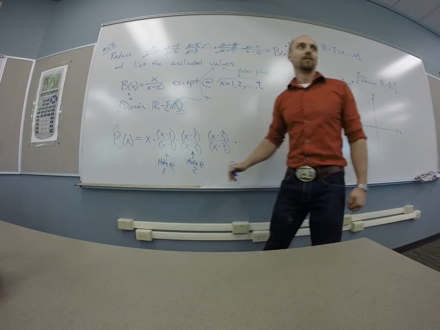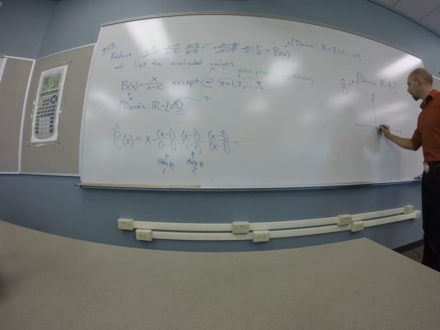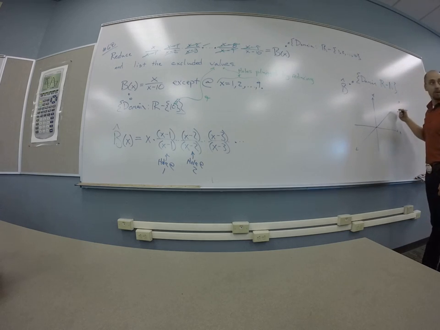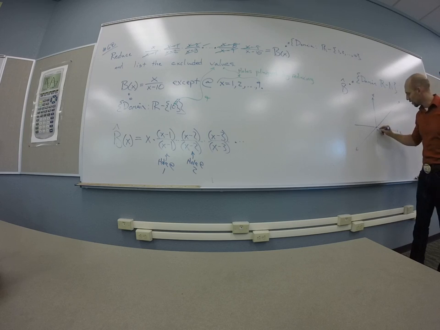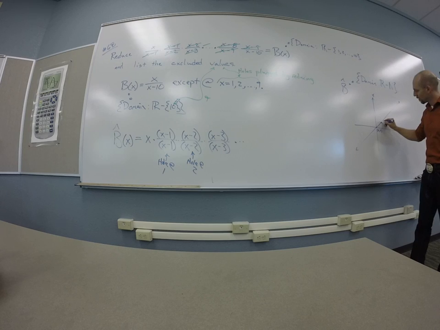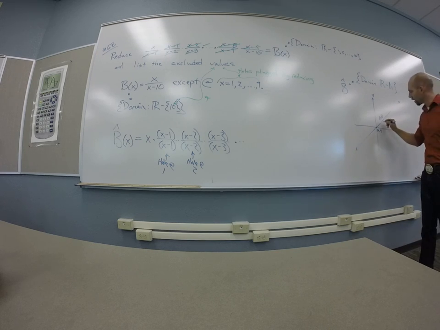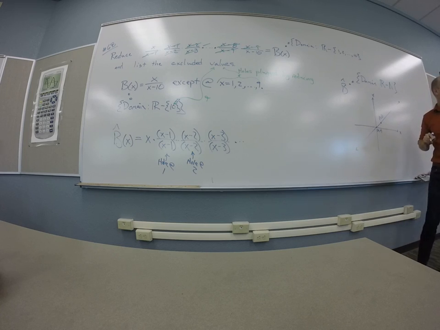Okay, so I started out with the line. This was y equals x, really. So this is 0, 0. Here's 1, 1. This is what I started with. But then I said, okay, we'll punch a hole there. So there's a hole. Then I said, okay, we'll punch a hole at 2 as well.